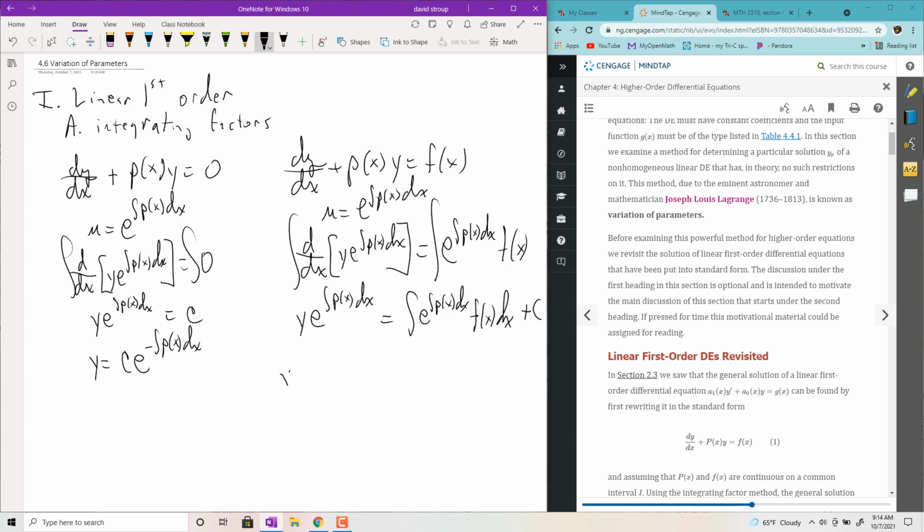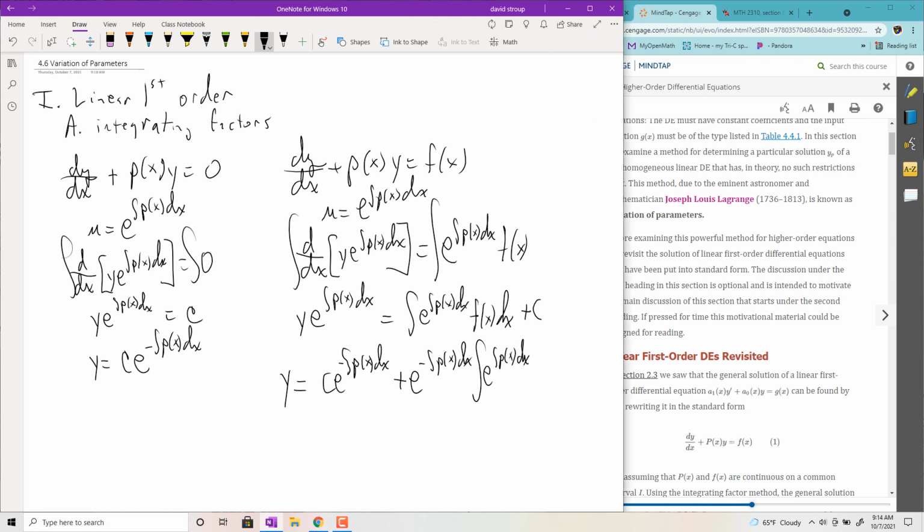So I get y equals c e to the negative integral of p of x dx, and then plus this other part, e to the negative integral of p of x dx times the integral of e to the integral of p of x dx times f of x dx.